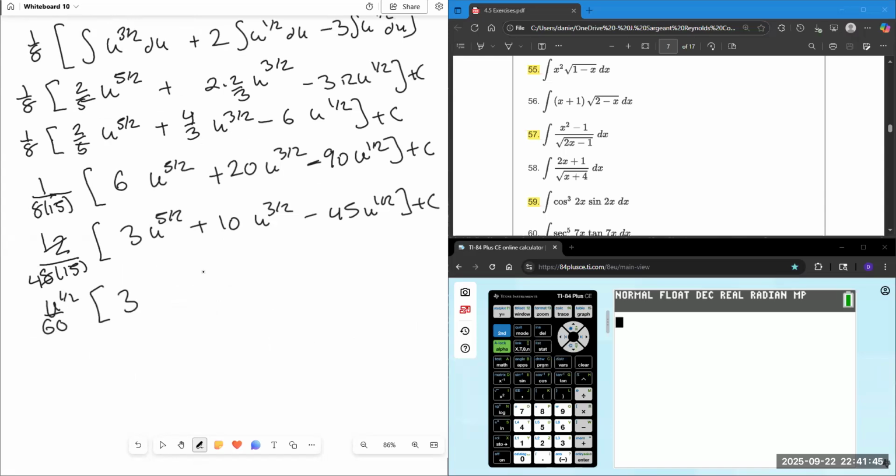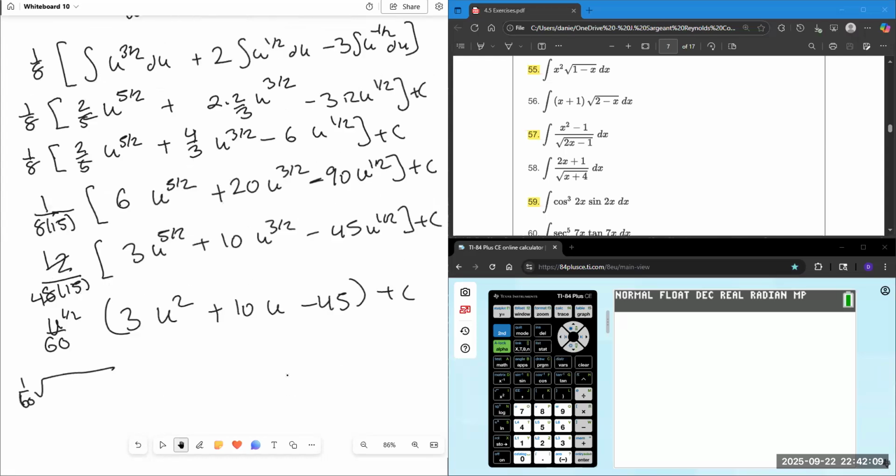And then u to the 1/2 can come out. And this is 3u squared plus 10u minus 45 plus c. So this is 1/60 square root of 2x minus 1 times 3 times 2x minus 1 squared plus 10 times 2x minus 1 minus 45.